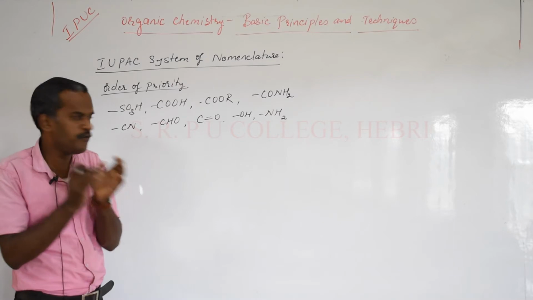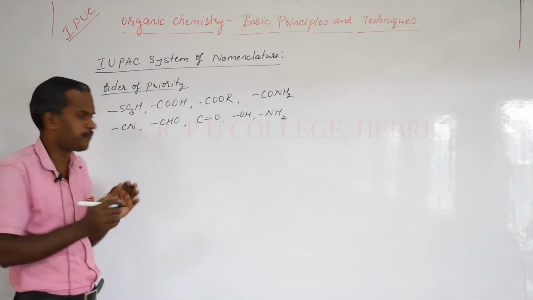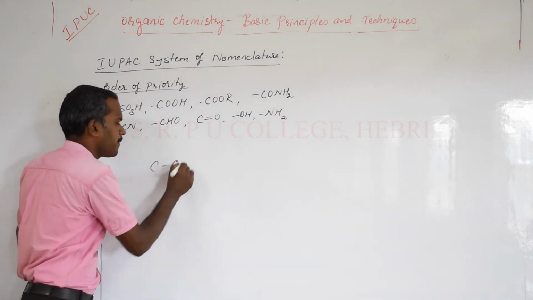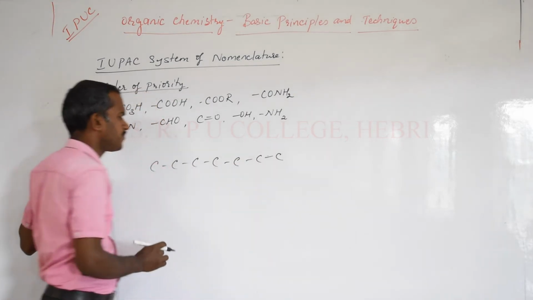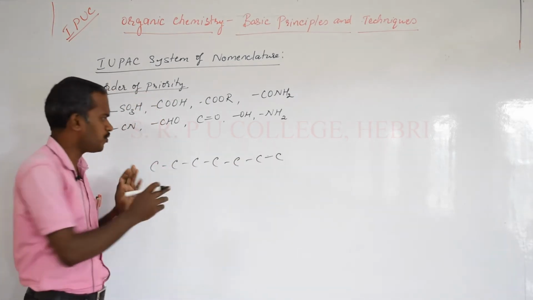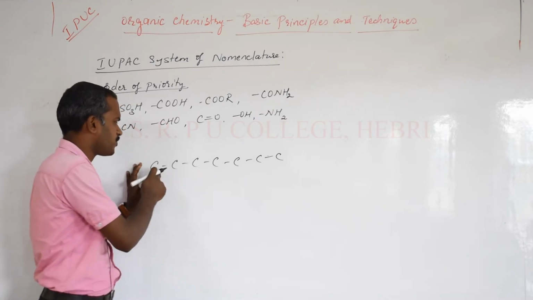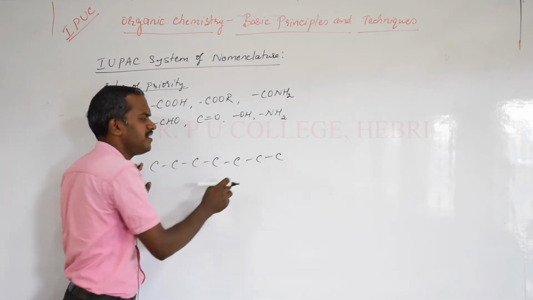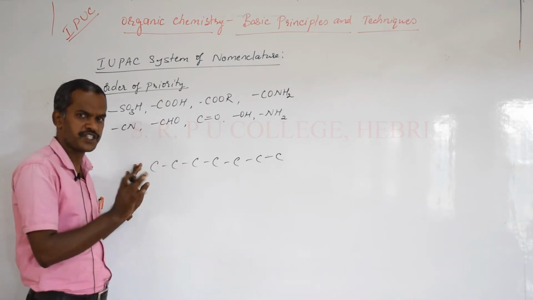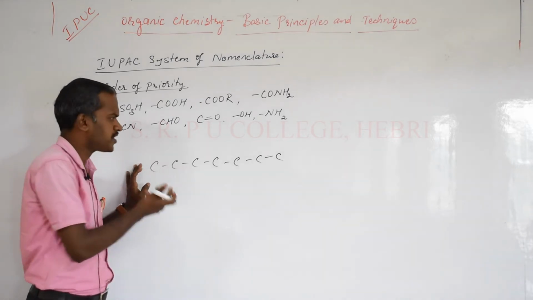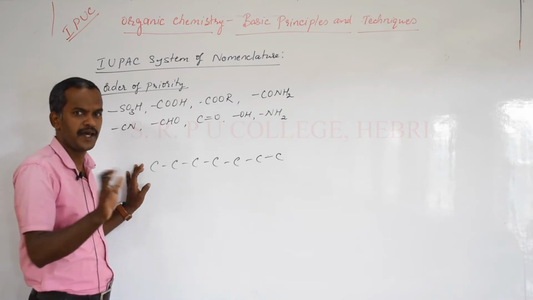Now let me give you an example before I teach you about the order of priority. Suppose I write a carbon chain like this. As usual, 1, 2, 3, 4, 5, 6, 7 carbon atoms are present in a straight chain. The longest chain rule is not applicable, the lowest sum rule is not applicable, and the other rules are applicable.